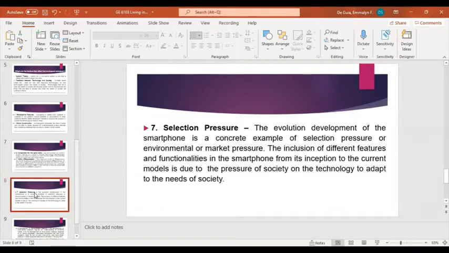Because of the feedback and insights gathered from society, from the users or stakeholders, companies were able to create and enhance the existing ones. Maybe they add more features and more functionalities, making gadgets and smartphones more usable and user-friendly than ever before. That's how selection pressure works.